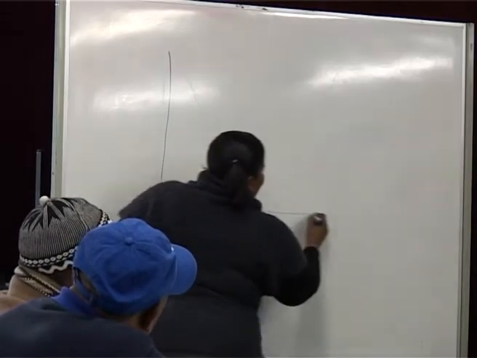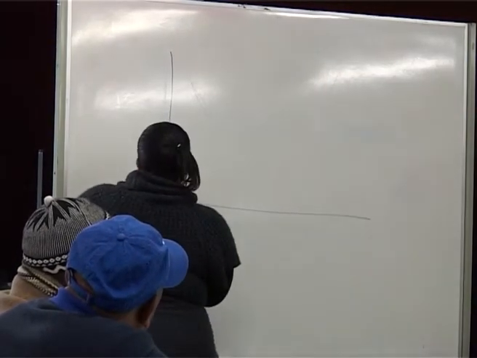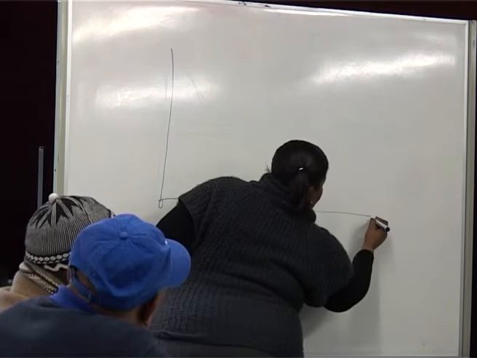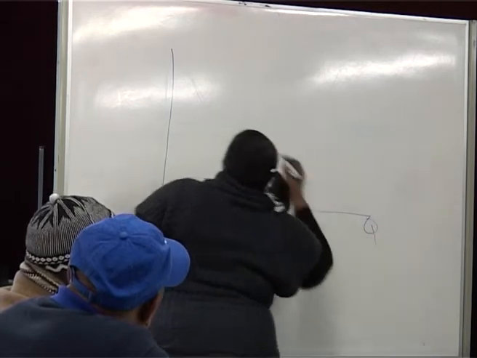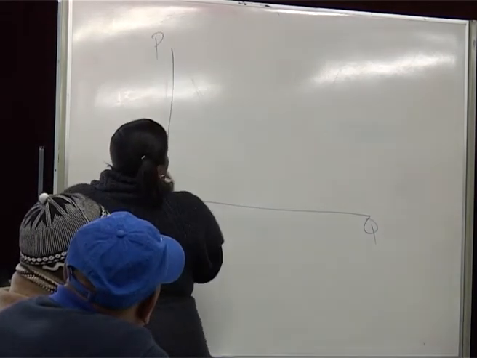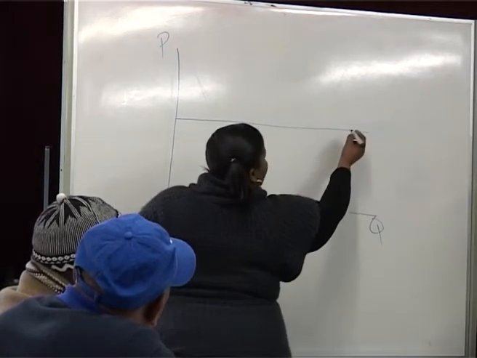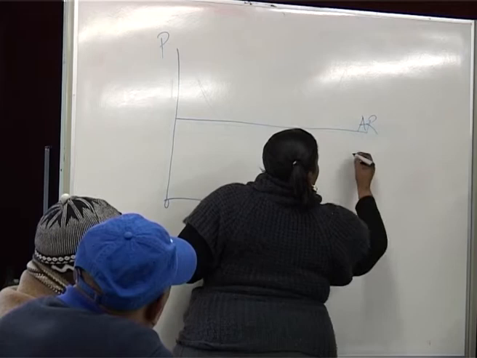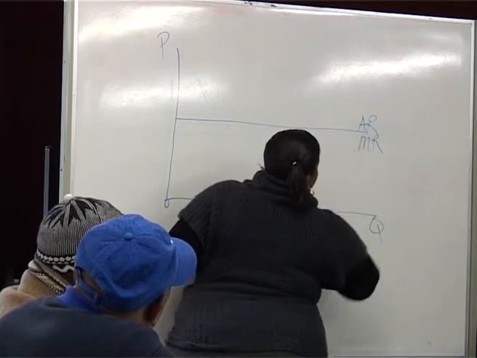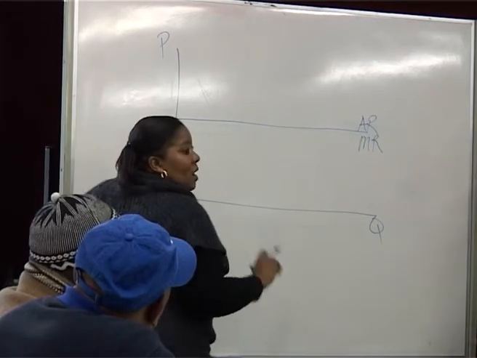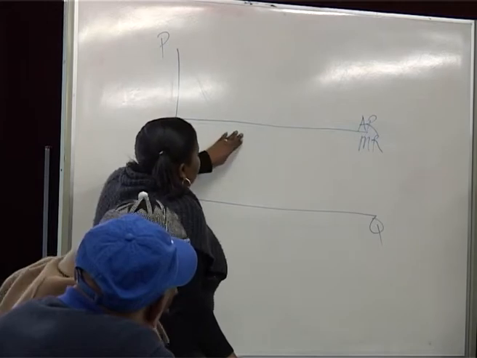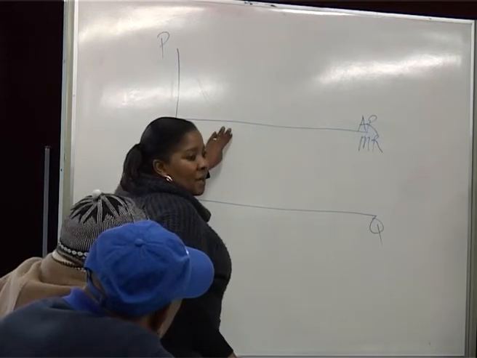So we'll start with the axis, being 0 here, and then the price, the quantity, and then the price this side. And then the demand curve, which represents average revenue and marginal revenue as well. Yes. And as we said earlier on, that this individual producer takes the price from the market.